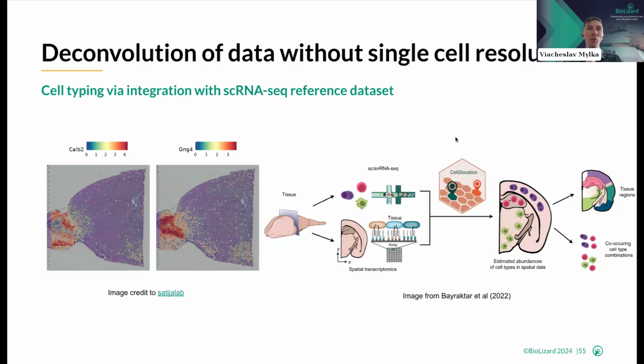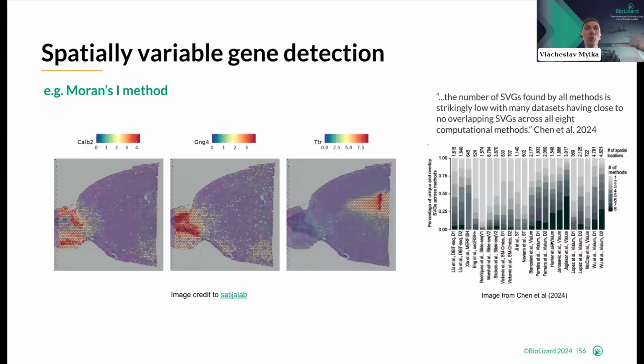Well, luckily there are bioinformatics approaches to infer cell type composition within those spots or beads, by integrating these data with a corresponding single-cell RNA-seq reference dataset, ideally if it comes from the same tissue. Here I illustrate one of them, for example, cell2location, where, when you know the cell types within each spot, you can perform comparable analysis to what I just showed in previous slides. So that can also be performed.